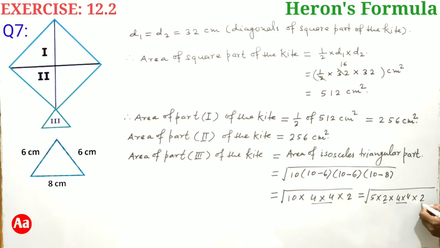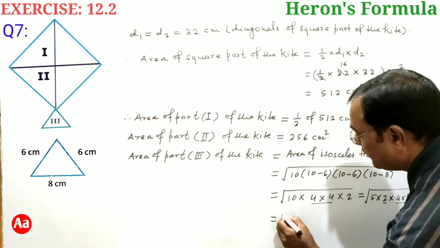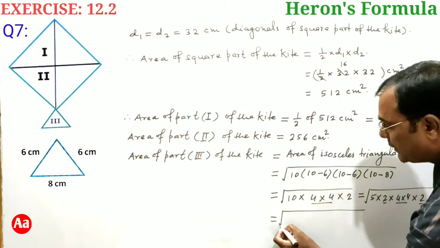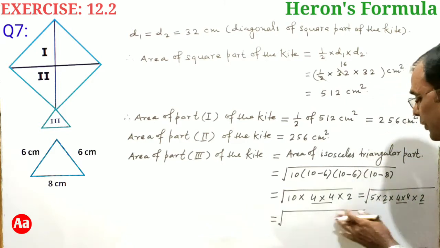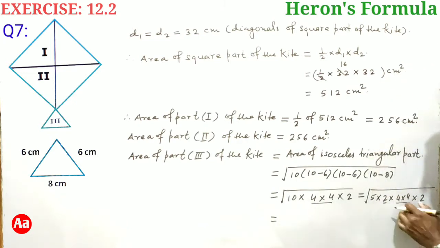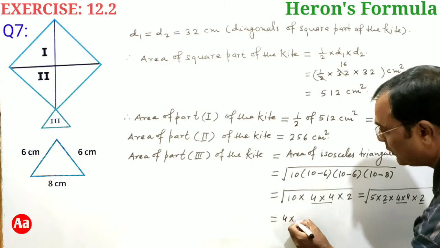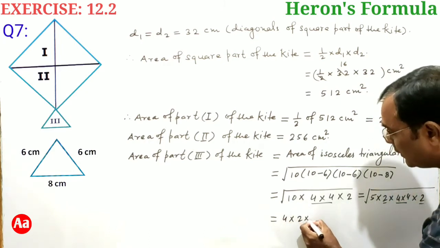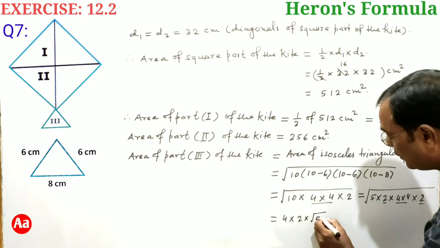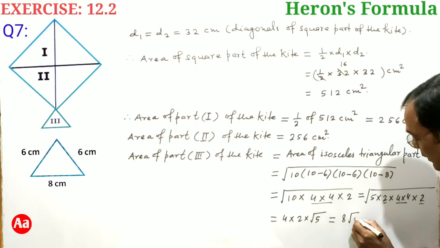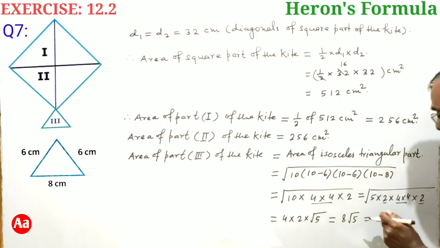So this 2 and this 2 again make another pair of factors of the same type, so it's square root 4 into 4 is 4, 2 into 2 square root is 2, into under root 5. This is equal to 8 under root 5.